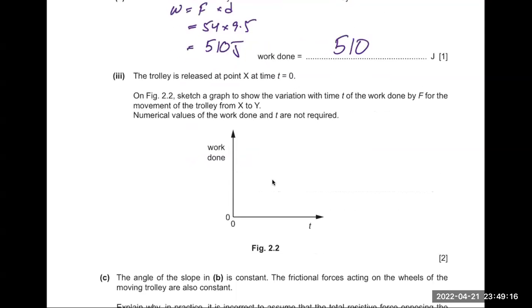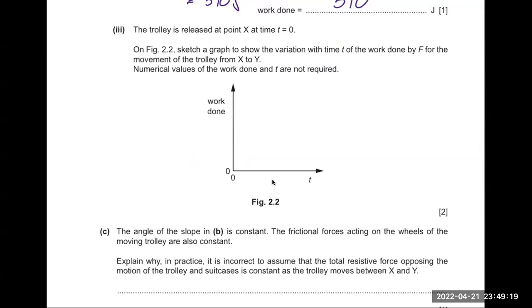Part 3 of the question says the trolley is released at point X at time t equal to 0. On figure 2.2, sketch a graph to show the variation with t of the work done by F for the movement of the trolley from X to Y. Numerical values of the work done and t are not required.